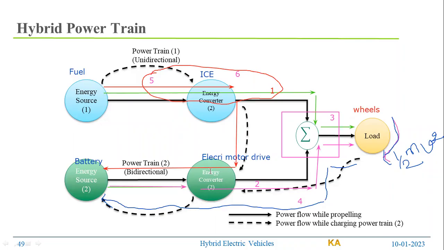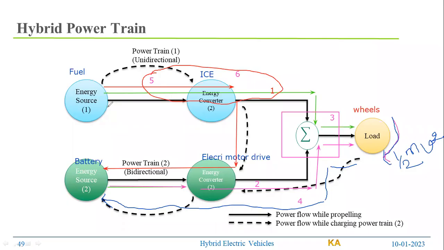So that is the sixth mode of operation. Seventh could be a combination of 1 and 4: the IC engine propels and the load charges the battery. That is the seventh kind of operation.